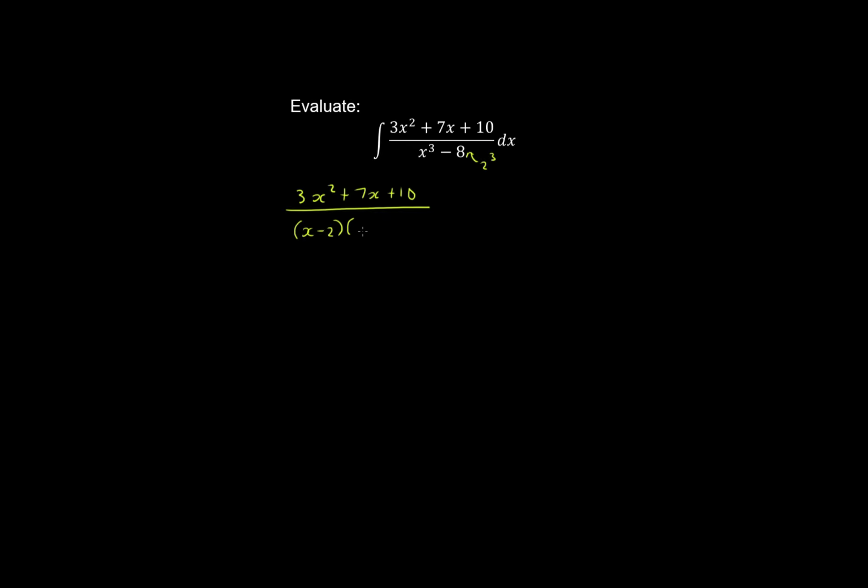So I have x minus 2 multiplied by x squared plus 2x plus 2 squared, which is 4. And now we can write this in partial fraction form. So we have a linear factor, and then plus the irreducible polynomial. So we plus bx plus c on x squared plus 2x plus 4.